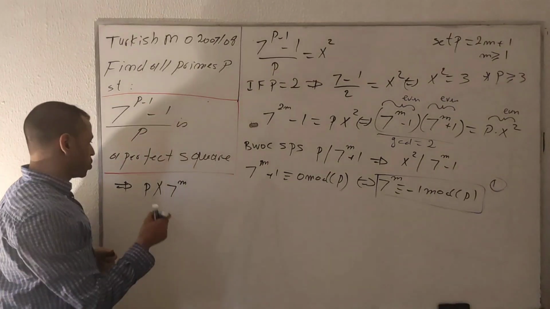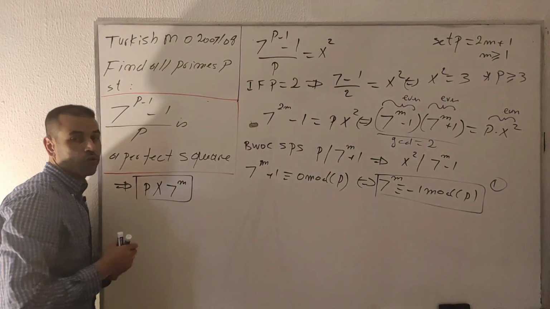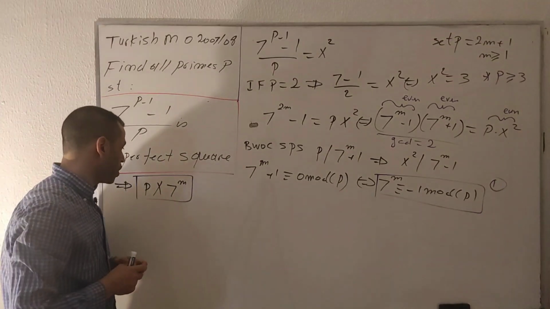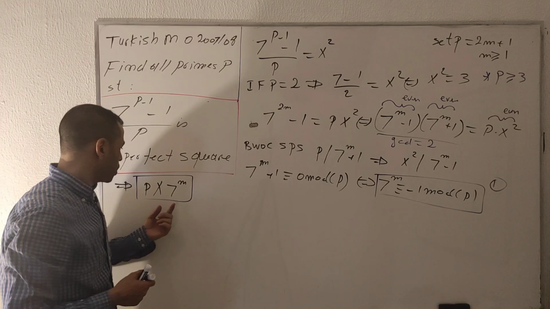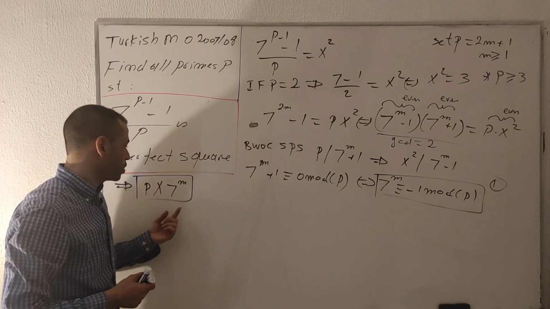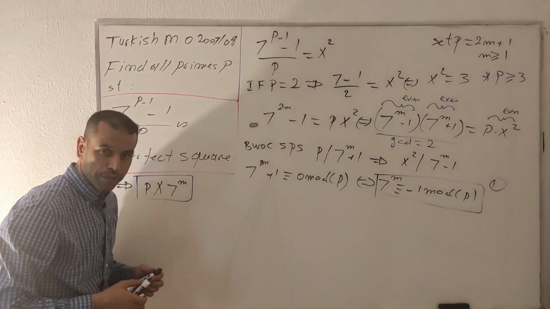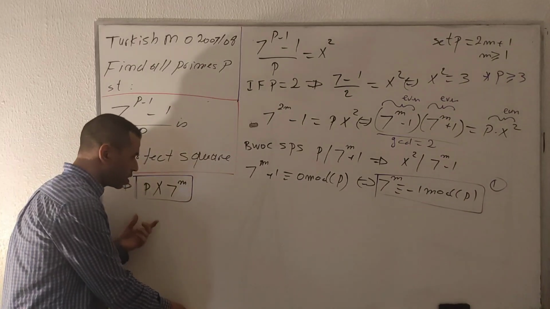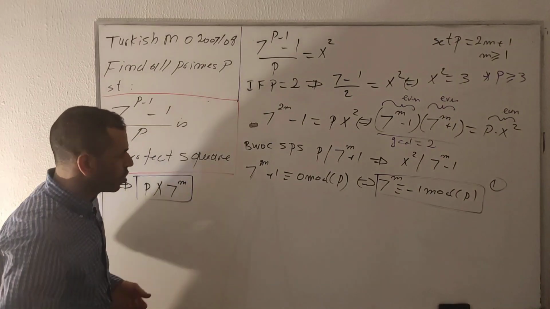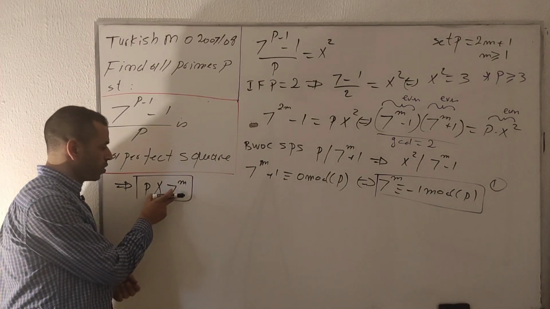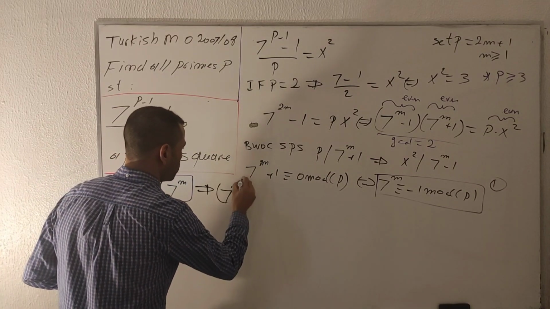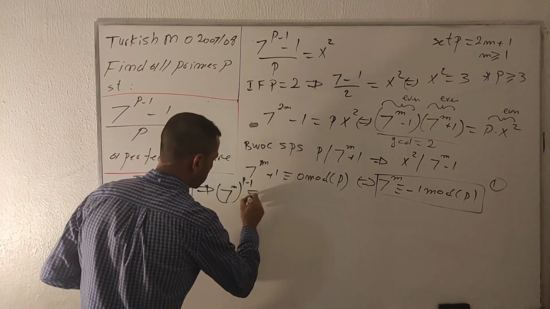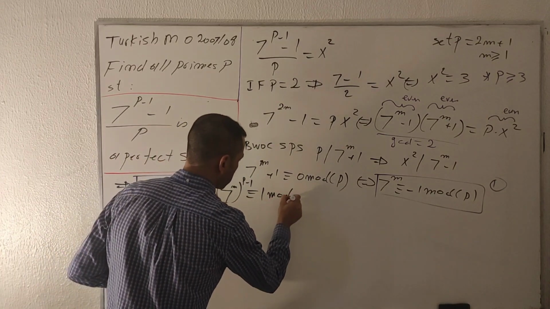What is this telling us? This is verifying Fermat's little theorem: if p is a prime and does not divide an integer a, then a^(p-1) is congruent to 1 mod p. The same thing here, we are going to apply Fermat's little theorem. This tells us (7^m)^(p-1) is congruent to 1 mod p.